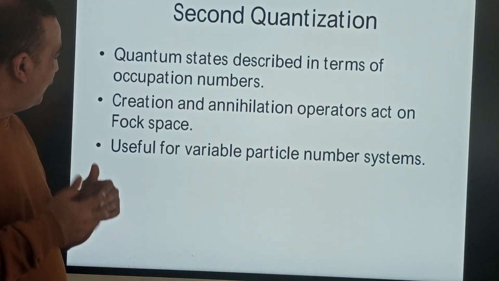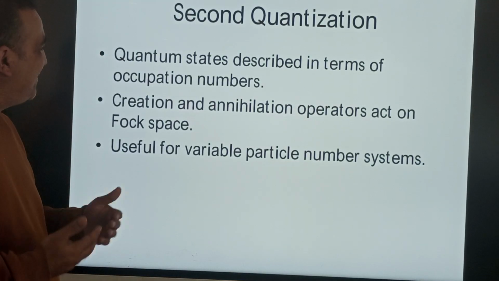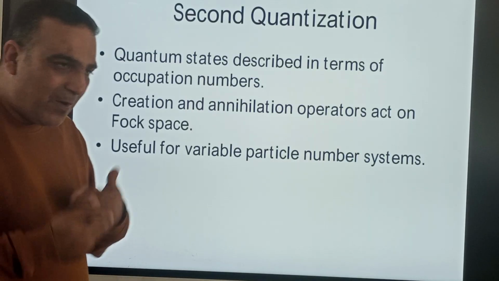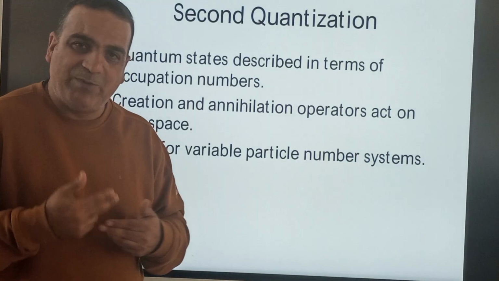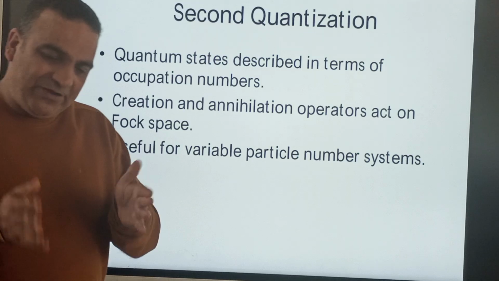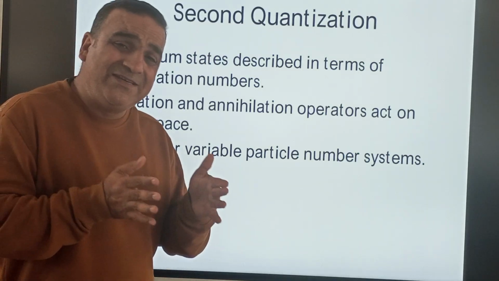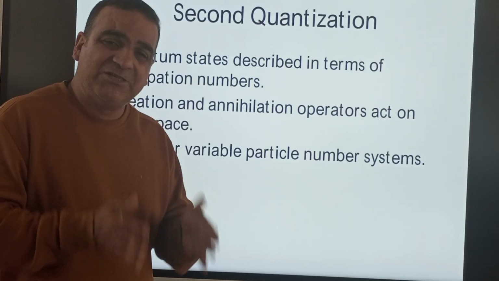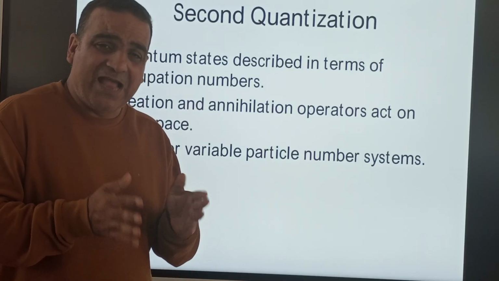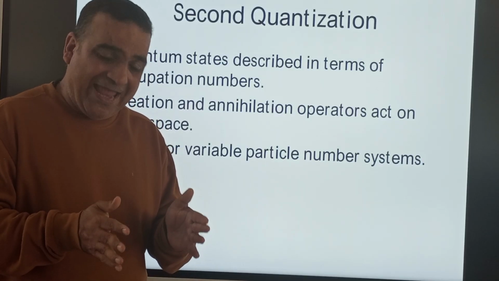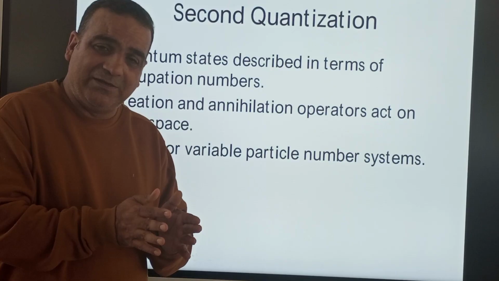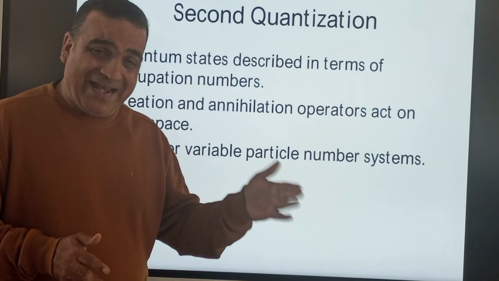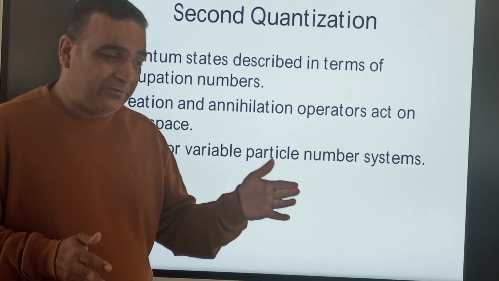And we have those operators because here we have a variable number of particles that we can deal with in Fock space, which is not the case with an independent Hilbert space. The number of particles in an independent Hilbert space is constant. You cannot add a particle to Hilbert space, or remove a particle. But that's not the case with the Fock space.